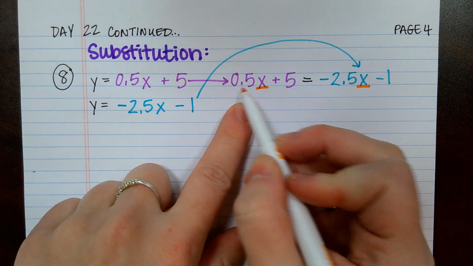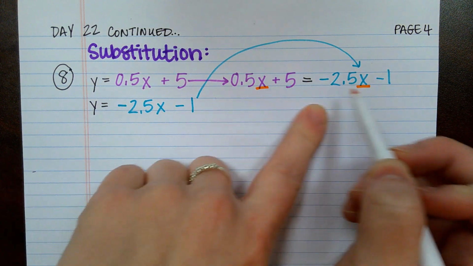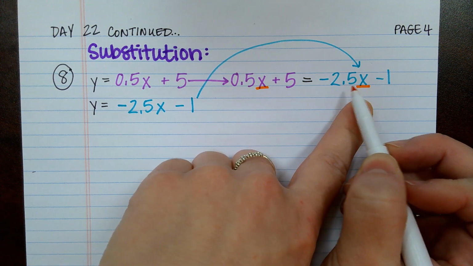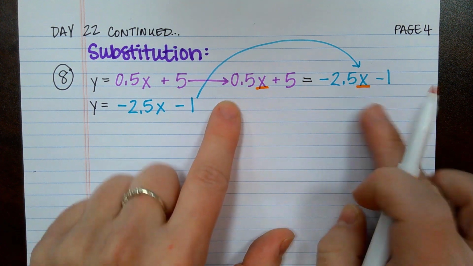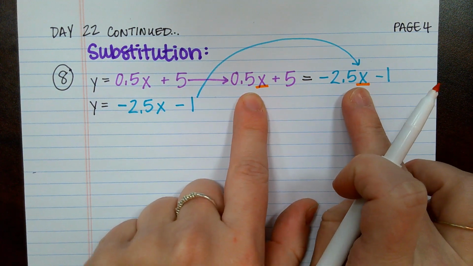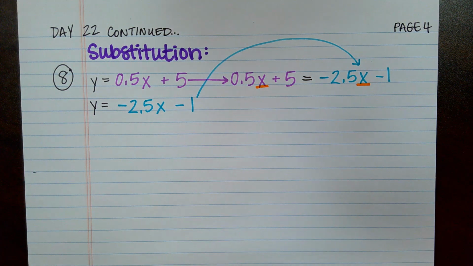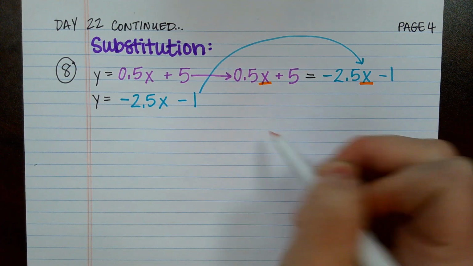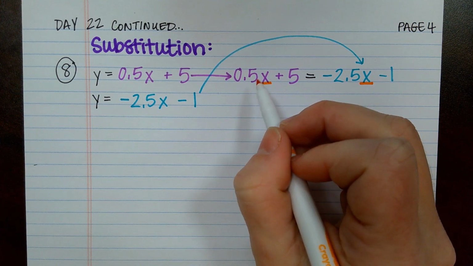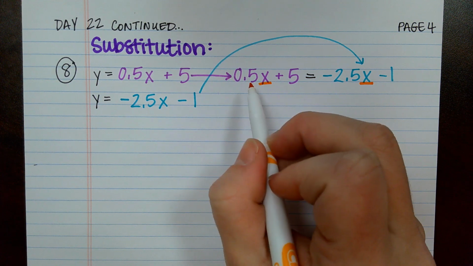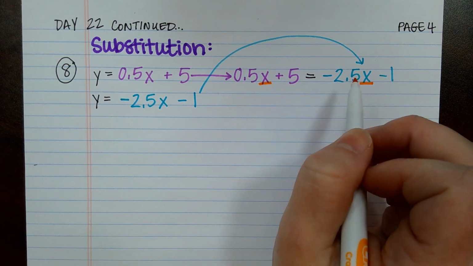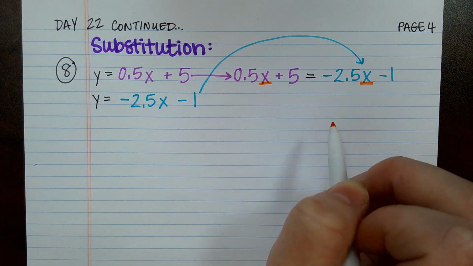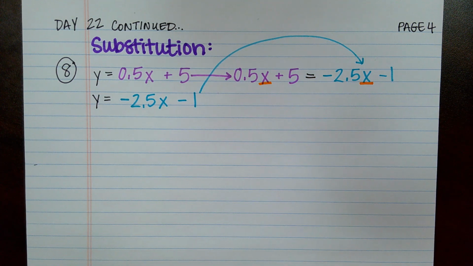So I have 0.5x over here, and then I have negative 2.5x over here. Since the variable's the same, we can add and subtract them together. So would we rather add 2.5x over here to get 3x, or would we rather subtract 0.5x to get negative 3x? Let's add.